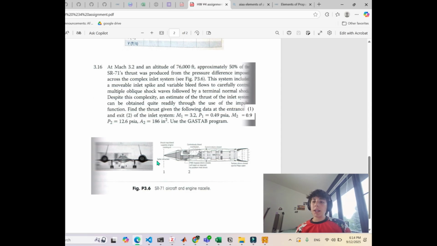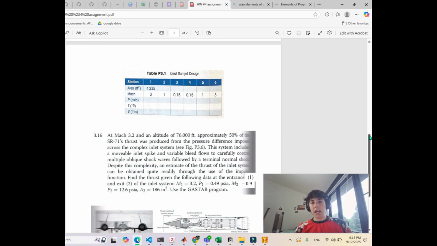So if we know the Mach number at the inlet and the Mach number at the exit, which we do, 3.2 and 0.9, and we also know gamma 1.4 because we know this is air, then we can use GasTab to do a table read to find out this impulse function ratio, and also just like area to area, the sonic condition ratio, and same for pressure and temperature, and that can help us find I star, which is the impulse function at the sonic condition. It'll make way more sense when I go through it actually in GasTab.